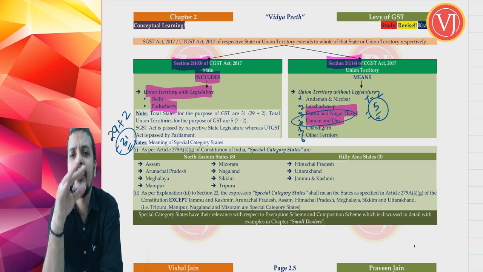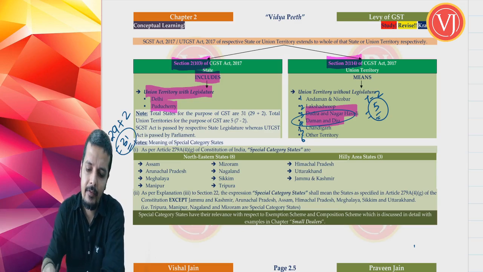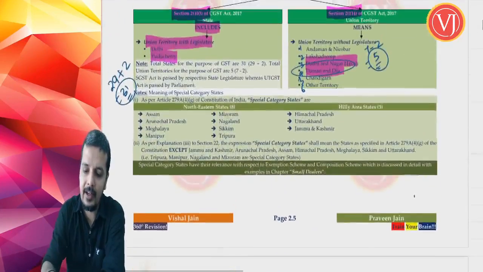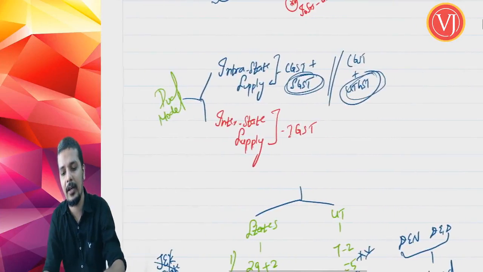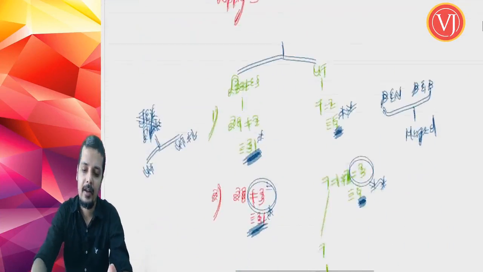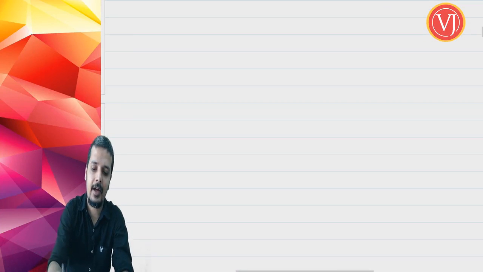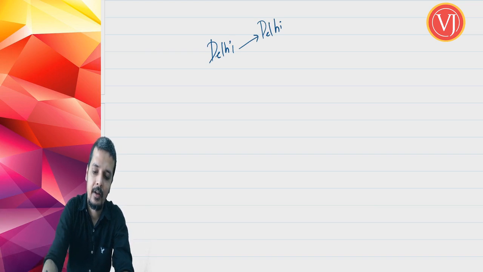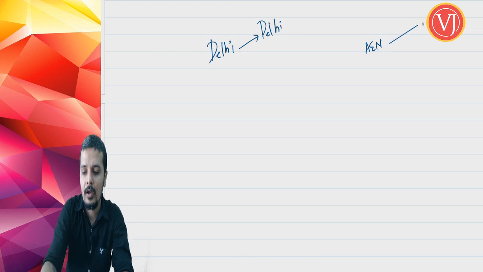Understand that if Delhi is called a state, whenever you talk about supply within Delhi, let us take an example to understand what difference it makes if you talk about a union territory or a state. So we'll take an example where we are talking about Delhi to Delhi, or say Andaman and Nicobar to Andaman and Nicobar.